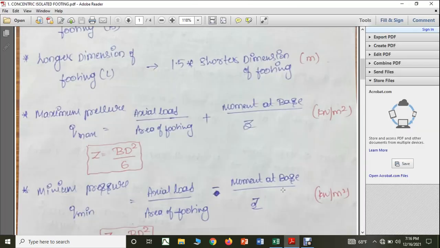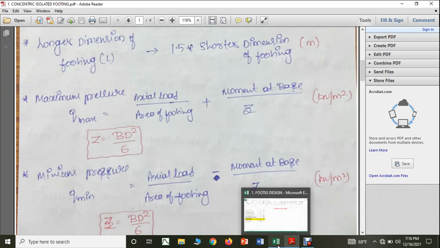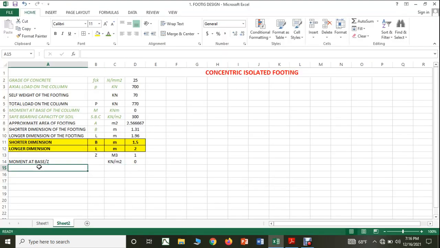Then next you have one more part, that is axial load by area of the footing, right? For that also you can write total load divided by area of the footing. But make sure, students, learners, that when I round off this number to the higher dimension, the area of the footing will change.